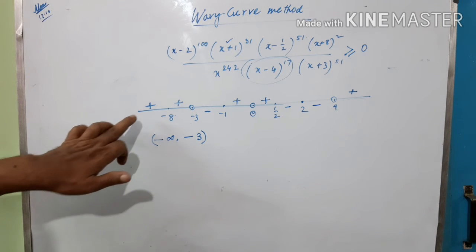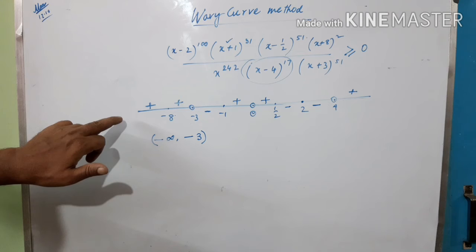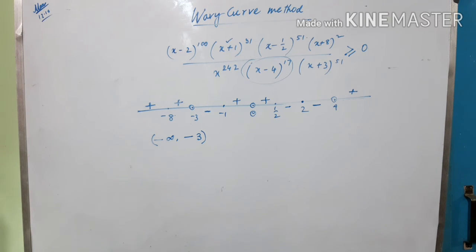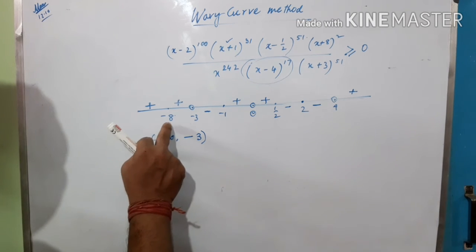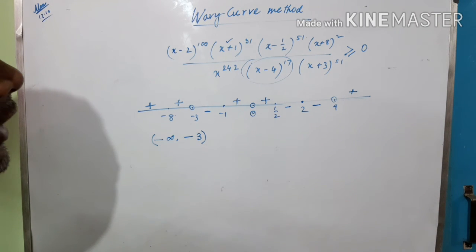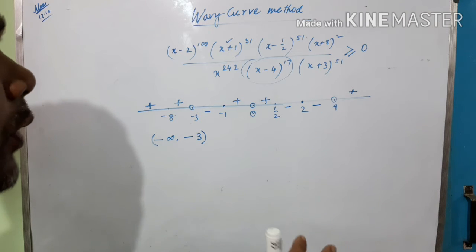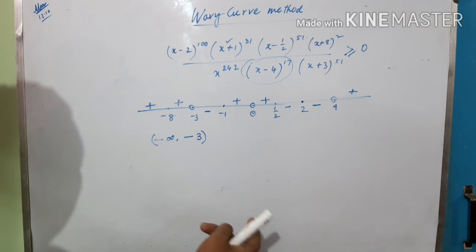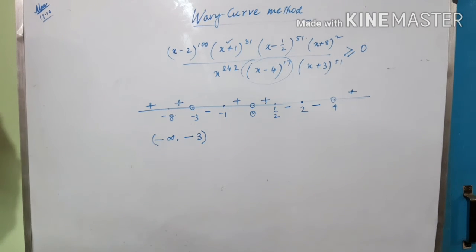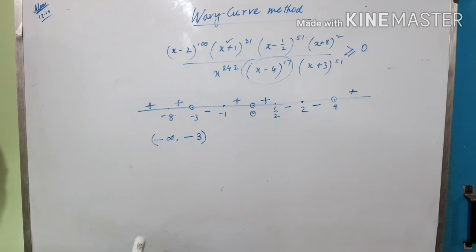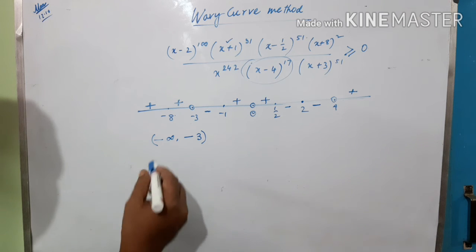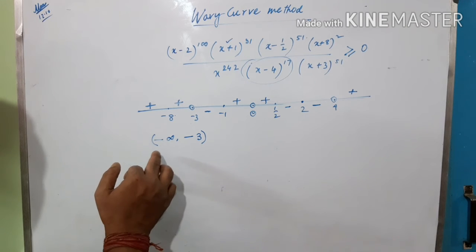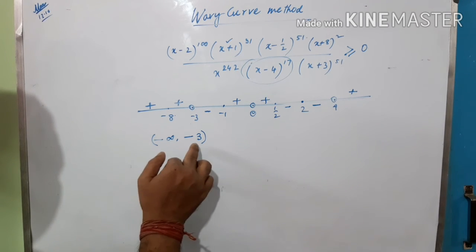So first one, see that in the interval minus infinity to minus 8 it is positive, again from minus 8 to minus 3 it is positive, and at the point minus 8 the value of the expression is 0. So as we want to find where the expression is greater than or equal to 0, we include the point minus 8 in the interval, and as we include the point minus 8, both intervals are to be written together like this: from minus infinity to minus 3.